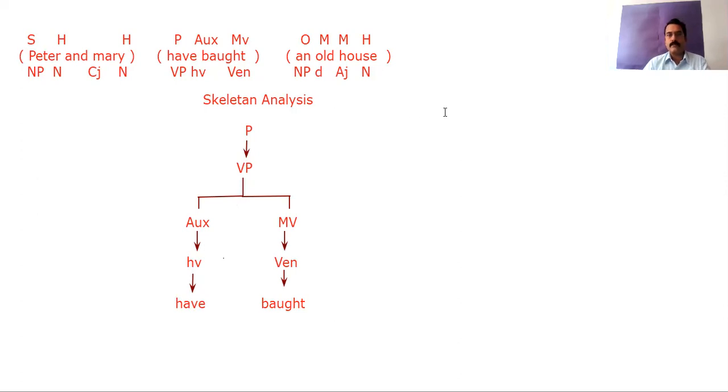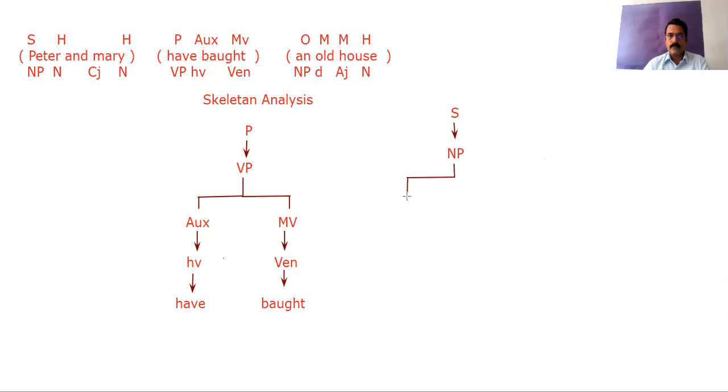So the phrase is subject, right? Arrow. Then form label is NP. Fine. NP has now 3 elements. So we have to draw 3 lines, 3 branches in this tree.